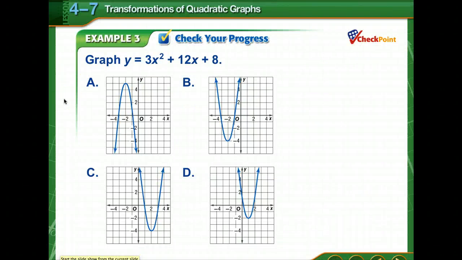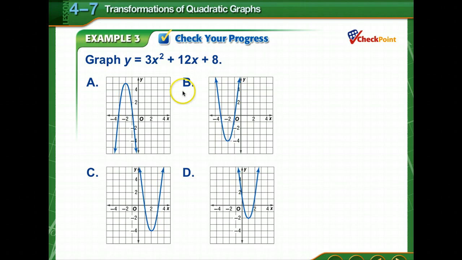Okay, so if you factor out a 3 out of both of these, that's going to leave us with x squared plus 4x. Half of 4 is 2, 2 squared is 4, so we're going to keep 4 inside the parentheses, and to the 8 we're going to multiply it by -3 times 4. So we're going to have a -12. That's going to leave us with 3 times the quantity x plus 2, squared, minus 4.